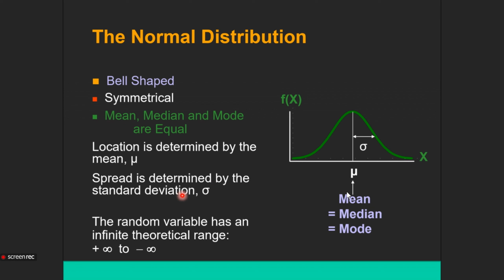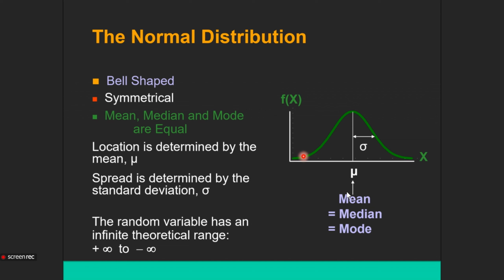So the spread of this particular curve is determined by the standard deviation, while the position of the curve is determined by the mean. Either call it the position or the location of the curve.